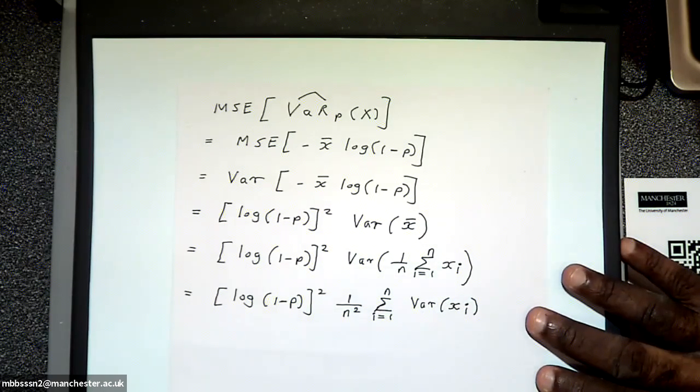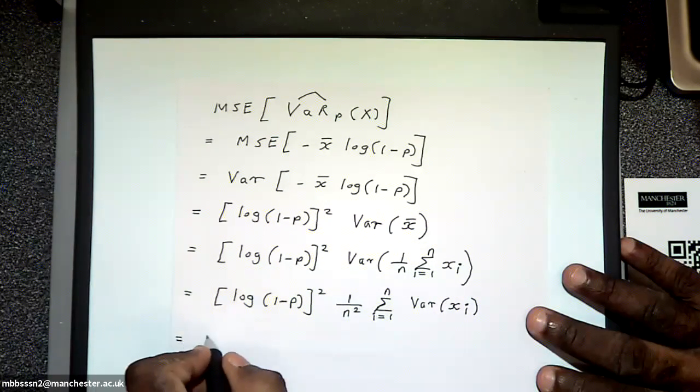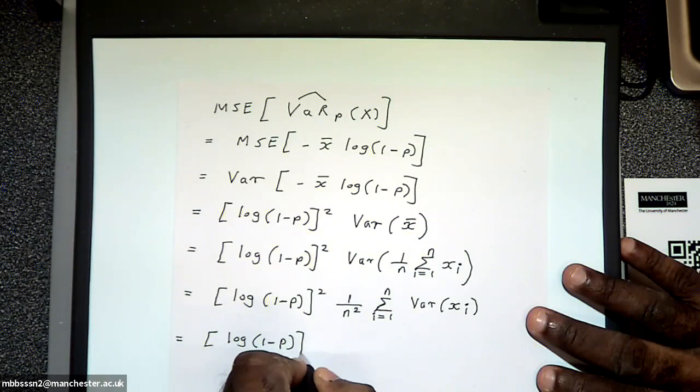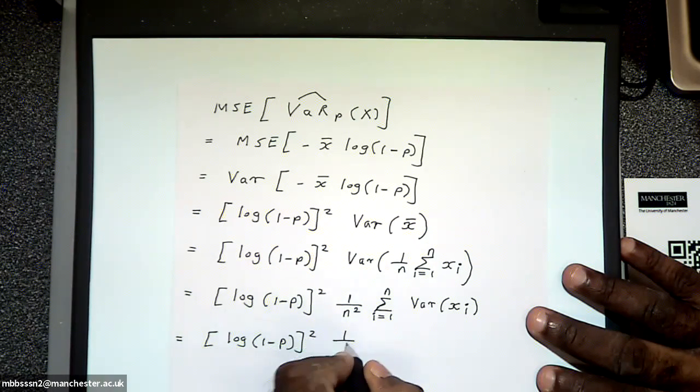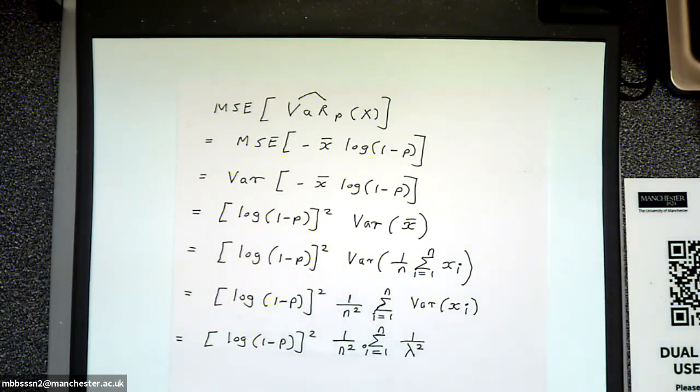Now, once again, the variance of an exponential random variable, you should remember what that is. Is it 1 over lambda squared, right?